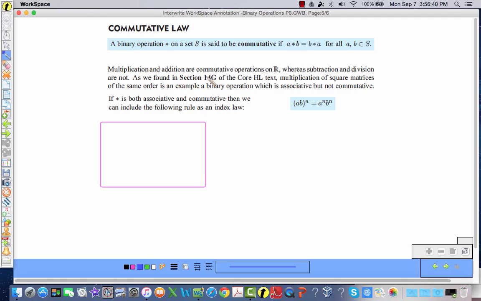And we know that multiplication and addition are commutative on the real number system, whereas subtraction and division are not.